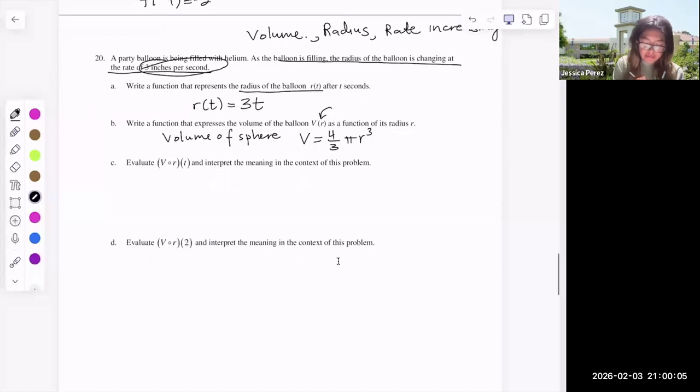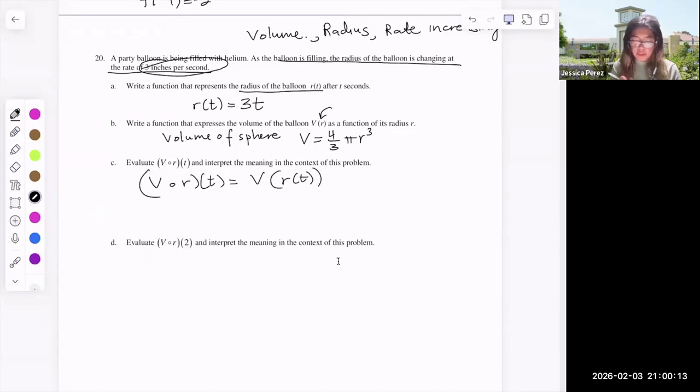Now, if they're saying evaluate V of r of t, that means you have a composition. So then you're going to evaluate r of t in for r in terms of a function of t. So you have V of 3t. So everywhere we see an r, we're going to put 3t. So that's going to be 4 over 3 pi times 3t cubed.